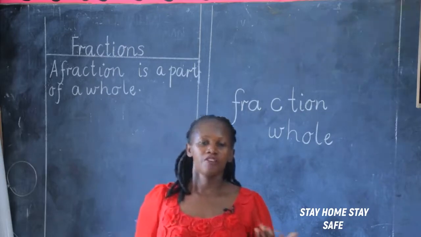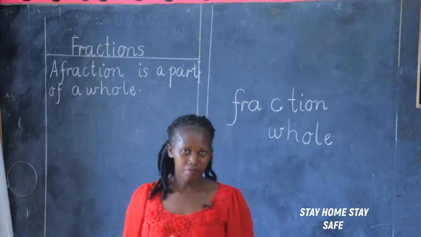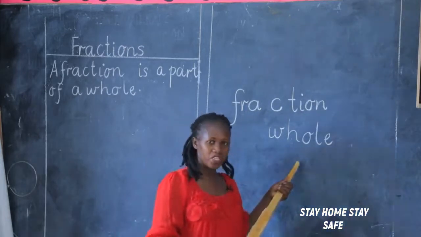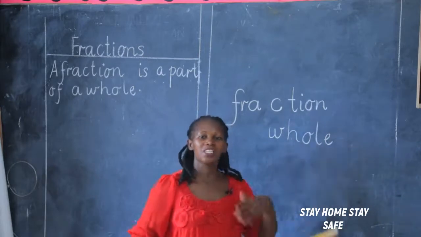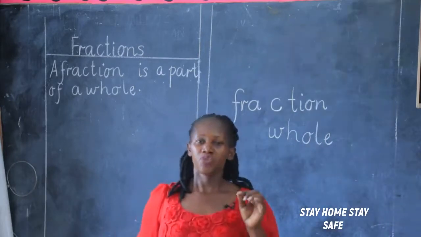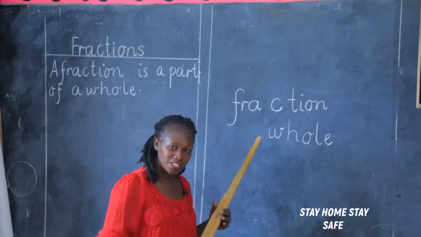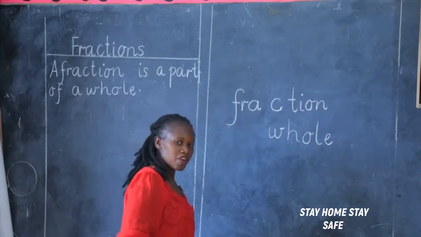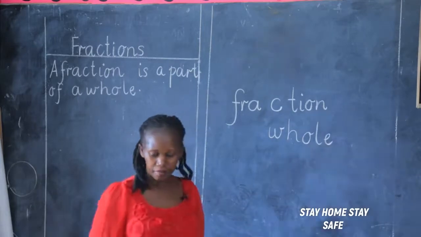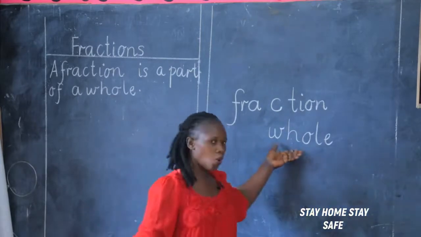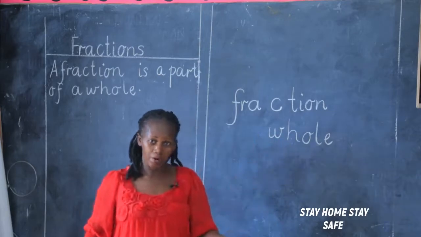For example, if mommy buys for you an apple, it's a whole apple. It is full. But when you cut it into pieces, it's what we call a fraction. Those pieces are the ones we call fractions. All right? So we mean this whole, not the other hole where you can fall.